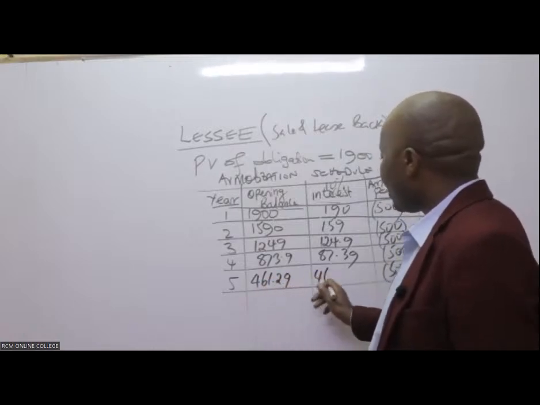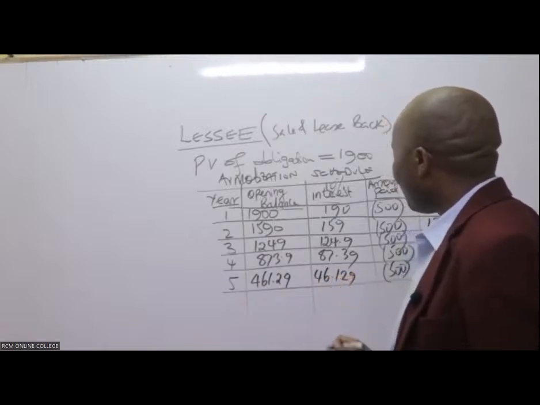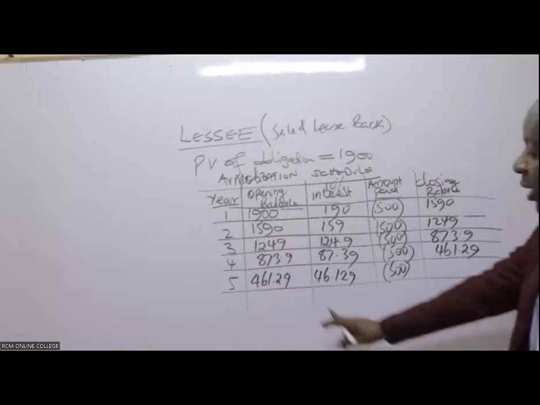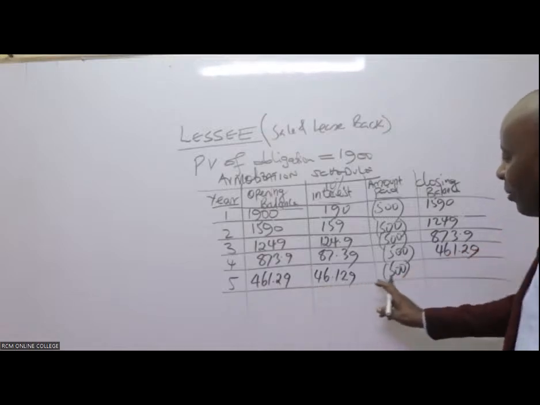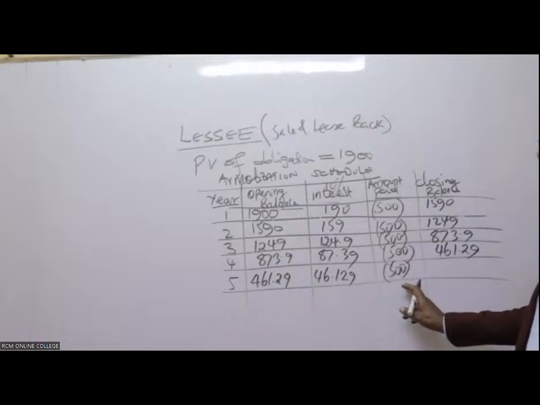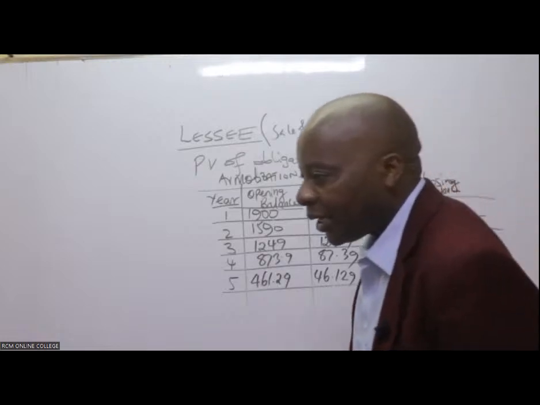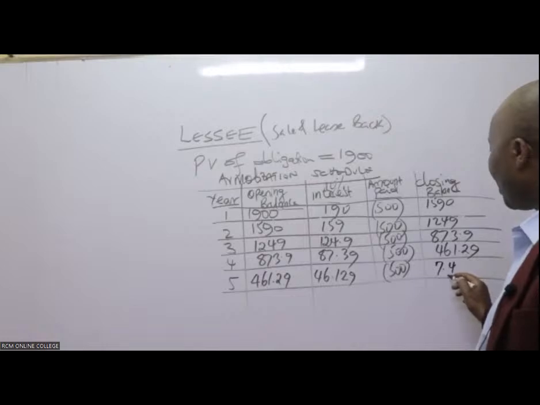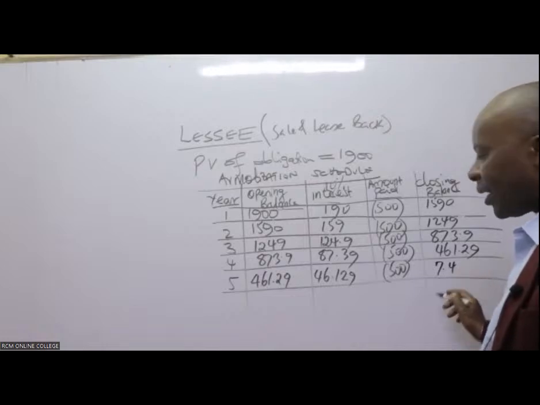10% gives me 46.129. So can somebody take this amount plus this amount minus the reduction in the obligation? Give me a figure, somebody. They're saying 7.419.